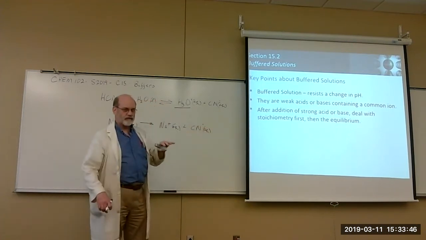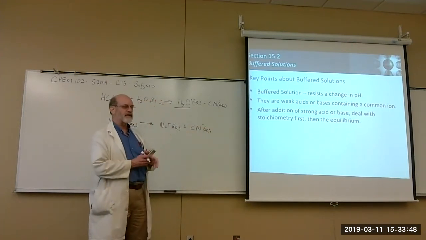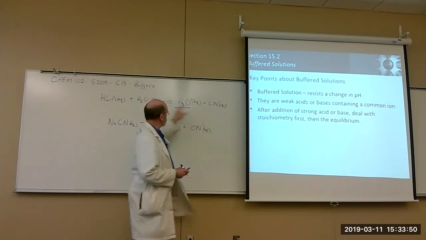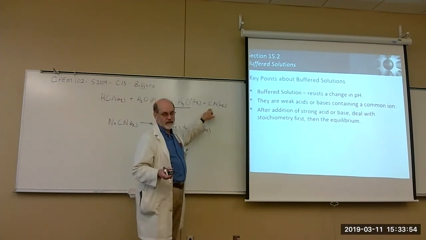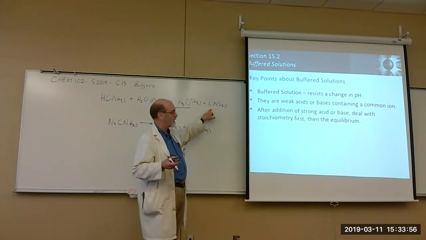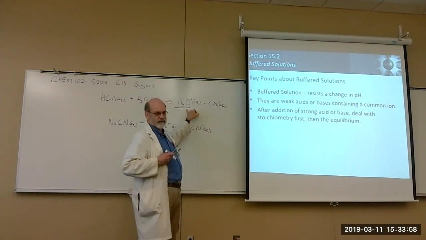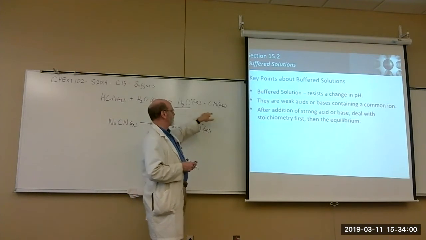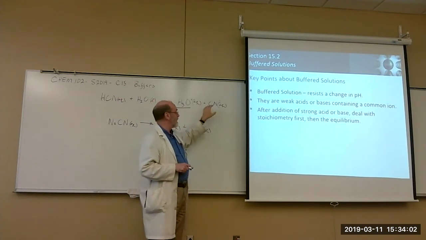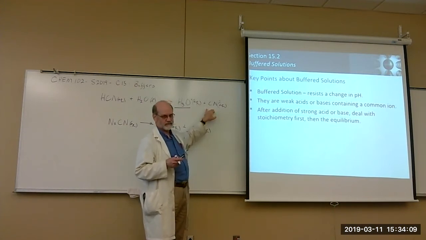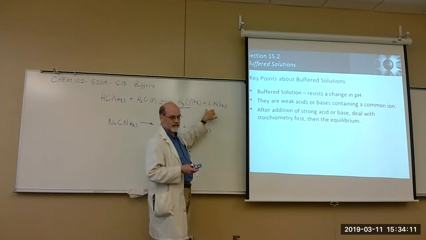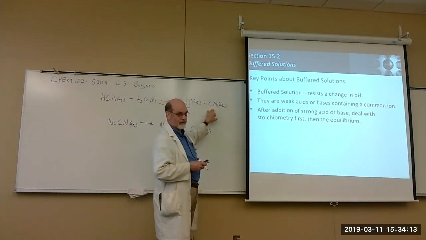So that's important for the concept of a buffer, because if we have created a strong base from a weak acid, then what happens if you add hydrogen ions to the solution, or hydroniums? They're synonymous in this case. If you add hydrogen ions, that's a strong base, and strong bases are strong attractors of protons. They accept protons rapidly.